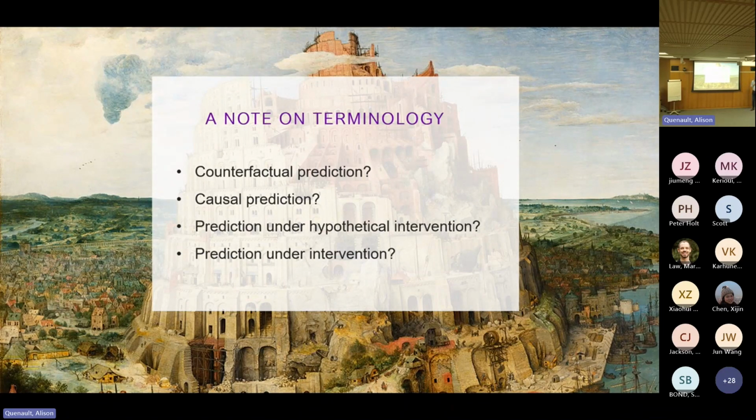It's not really counterfactual because we're trying to predict into the future, so there isn't a factuality that we can ignore, because things haven't happened yet. So I think counterfactual prediction is not quite what it is. Prediction under intervention at the moment is probably the best term, but you will come across all these different terms in the literature.